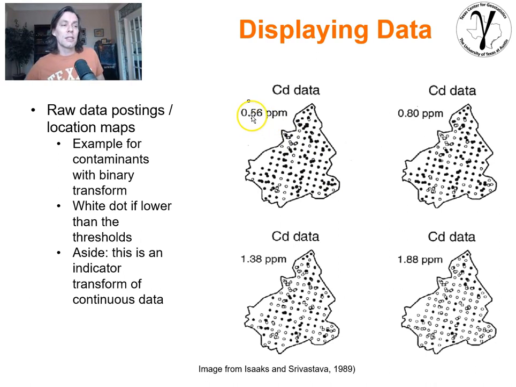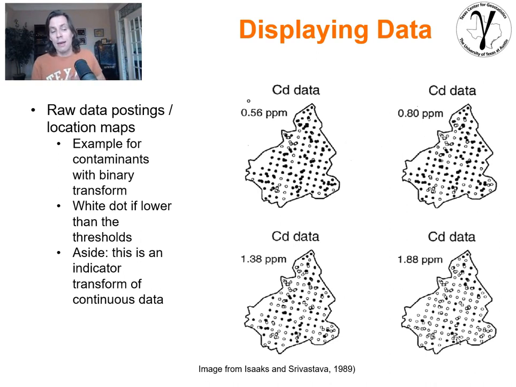As you go across from a threshold of 0.56 parts per million to 0.8, 1.3 to 1.88, you see all the circles start to systematically turn into hollow circles or empty circles. More values are less than those thresholds. This is a very powerful way to look at data because those thresholds might be significantly important to us. Specifically, they might be thresholds related to some type of economic or, in this case, environmental standards.